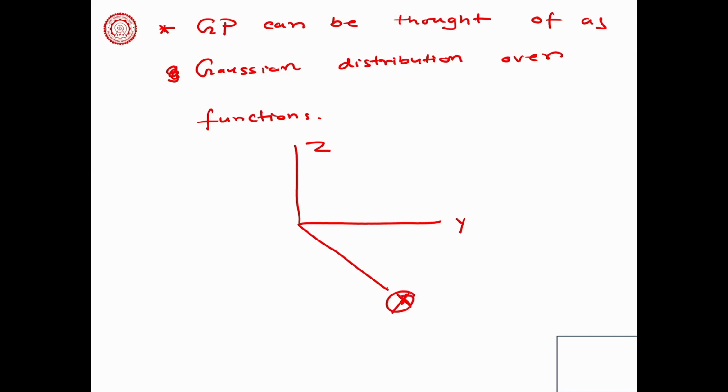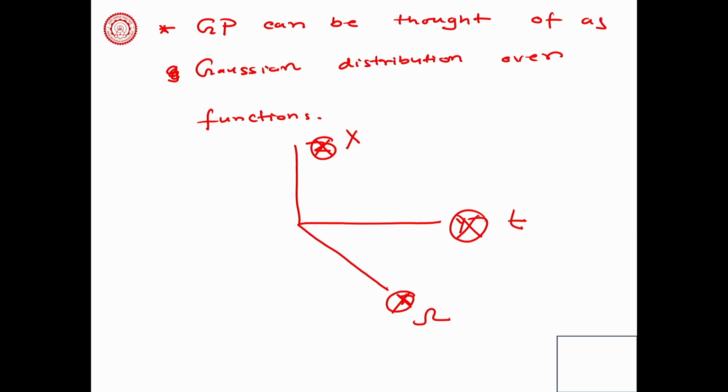I can think of it as omega. So, the randomness can be in that direction. What is y? Time. And what is z? The function value, x in our case.